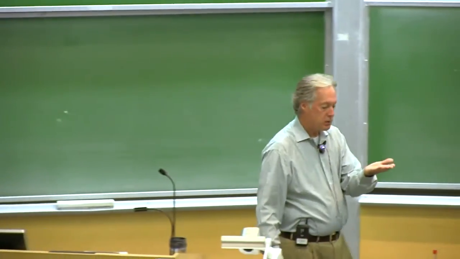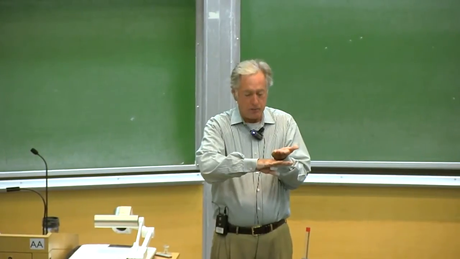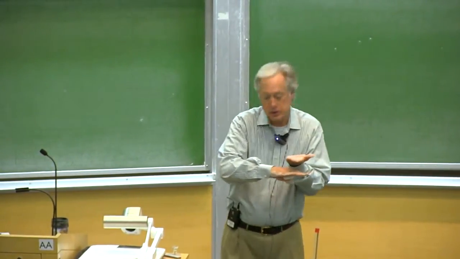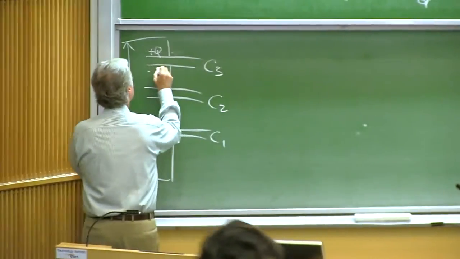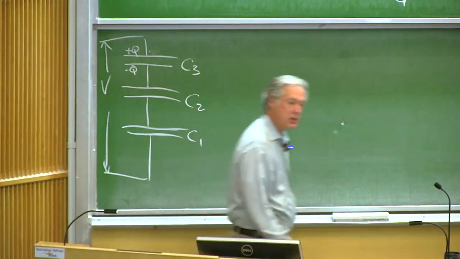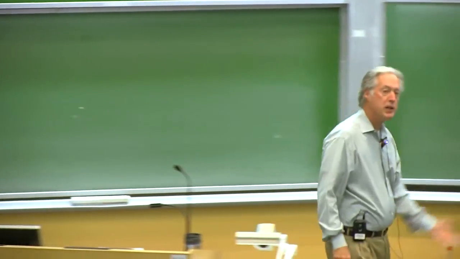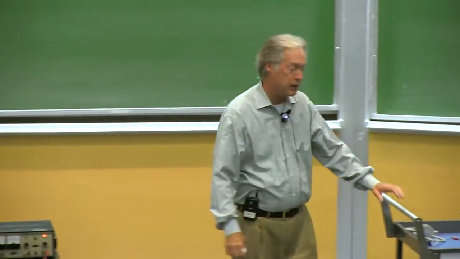Because that plus Q is there, the bottom plate says, oh, negative charges are attracted to the positive. It's going to pull an equal and opposite charge on the other side so that the electric field in the wire below the bottom plate goes to zero in equilibrium.